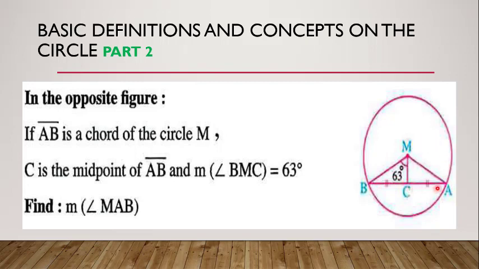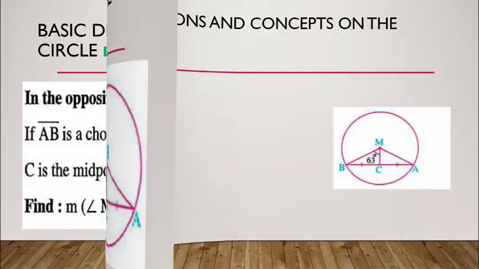So they are congruent. If the two triangles are congruent, then measure of angle MAB will be 180 minus 90 minus 63 because the measure of angle AMC will be 63 because they are congruent triangles.